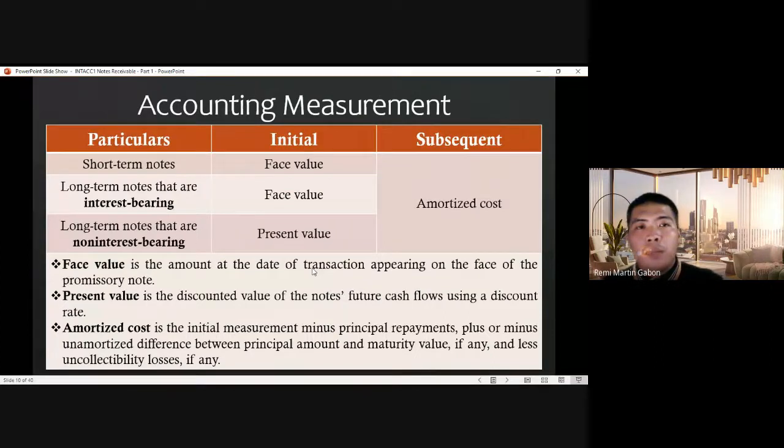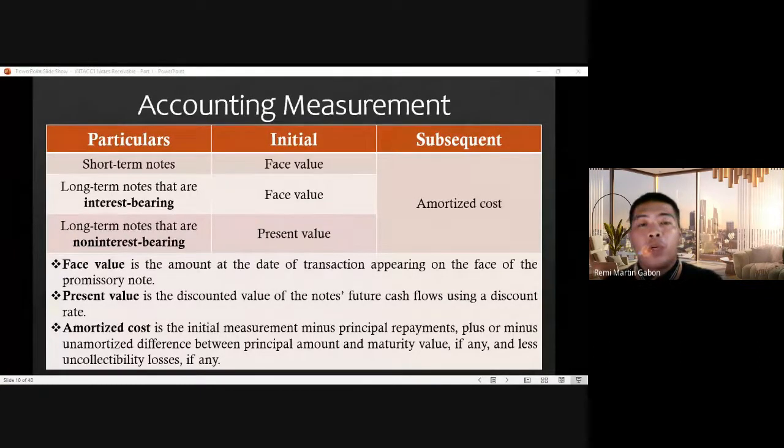For accounting measurement, we measure it initially and subsequently. Short-term notes and long-term notes that are interest-bearing, they are generally initially measured at face value. As we have defined face value, it is the amount at the date of transaction appearing on the face of the promissory note. So that is face value if we're going to focus on notes receivable.